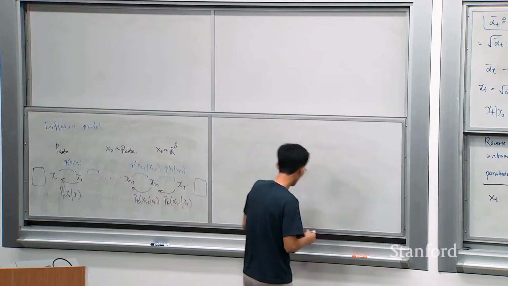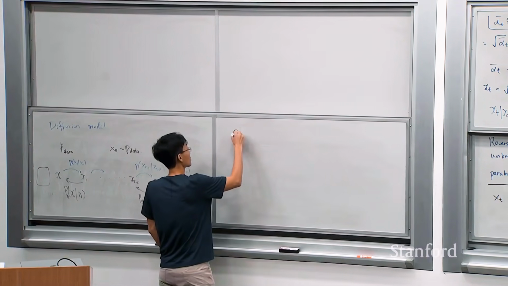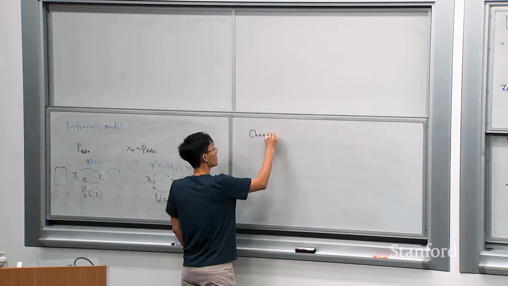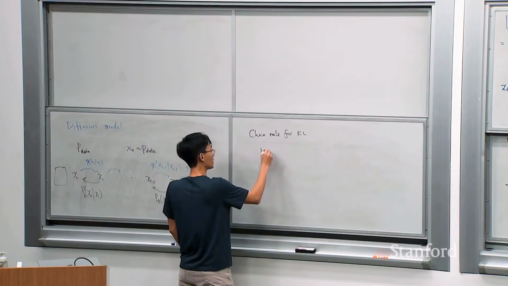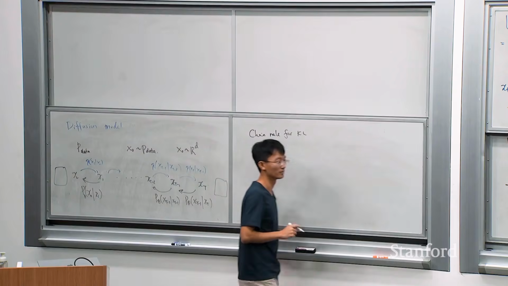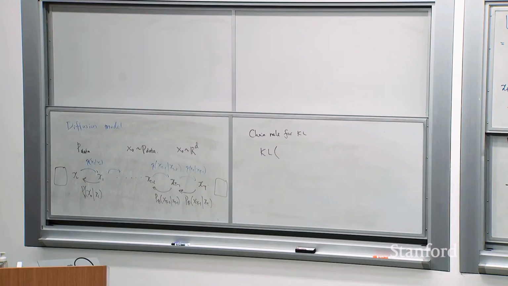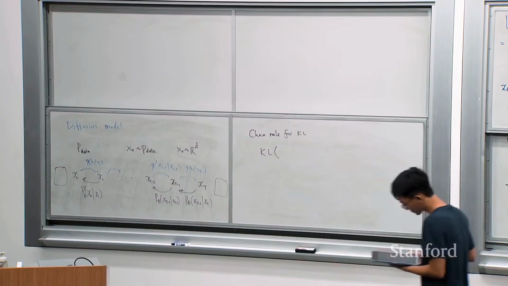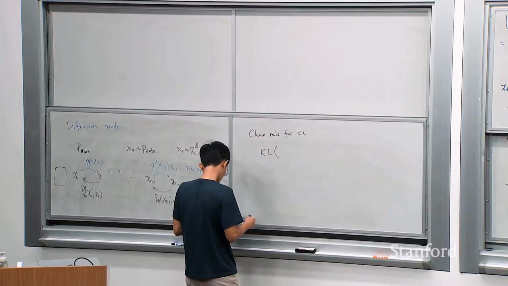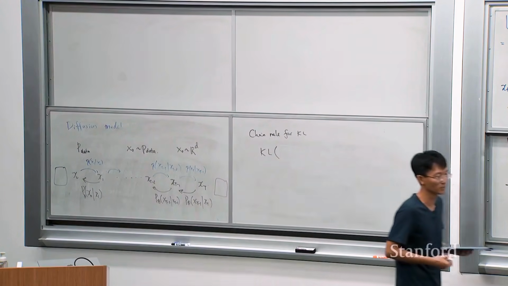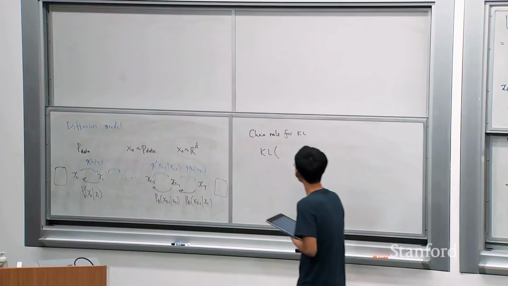So there's this fact about KL, which is the chain rule for KL. Let me think about the more abstract way to write this.